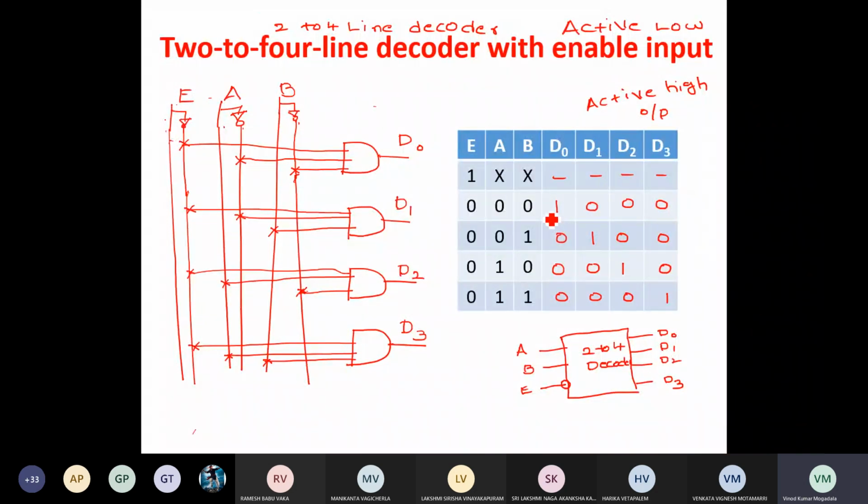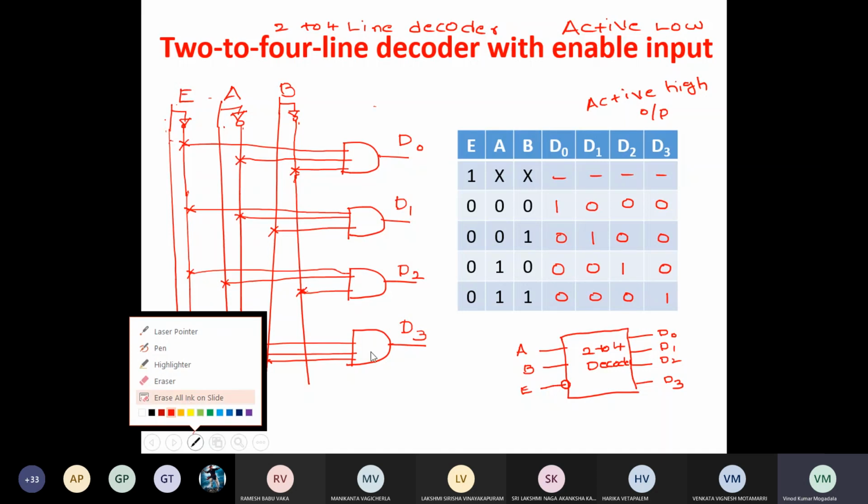Sometimes we may have decoder circuits with active low output. This is active high output, I am showing here only, so I am erasing these outputs.